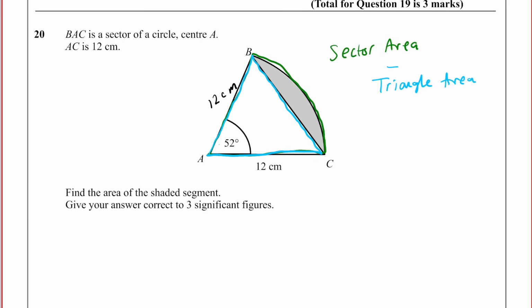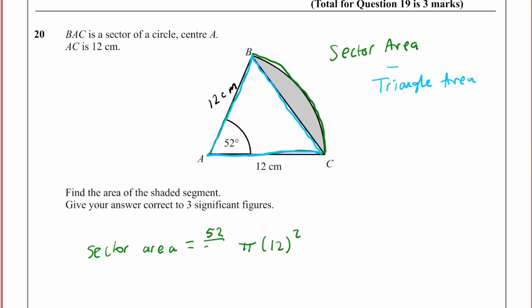So let's do the sector area. So it's part of a circle. The whole circle, the area, is pi times the radius squared. But we've only got a fraction of the circle. We've got 52 degrees out of 360 in total.